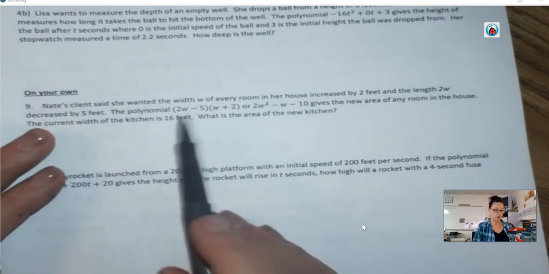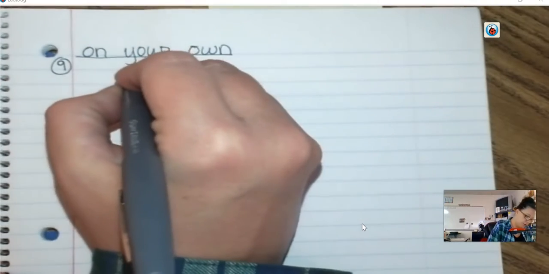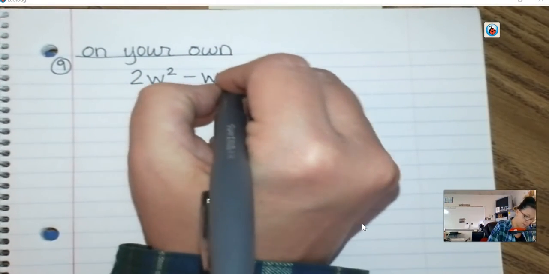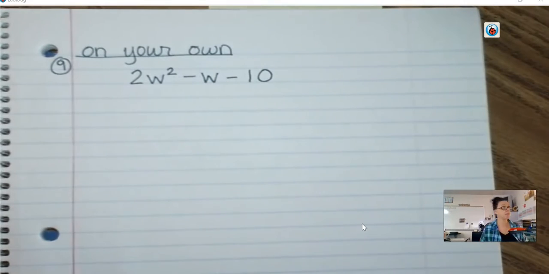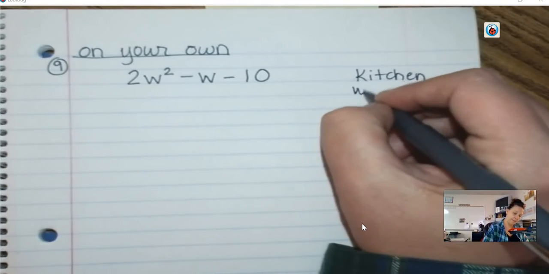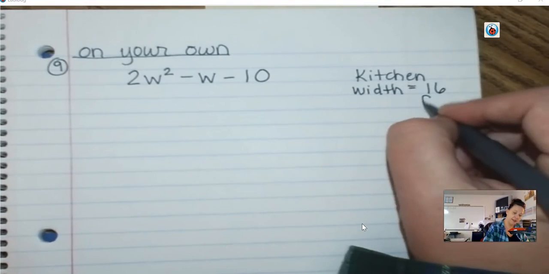So they give you 2 different equations you can use. Let's just use that second one. So use 2w squared minus w minus 10. They give you 2 equations. You can use either one. It says the current width of the kitchen is, right now, 16 feet.